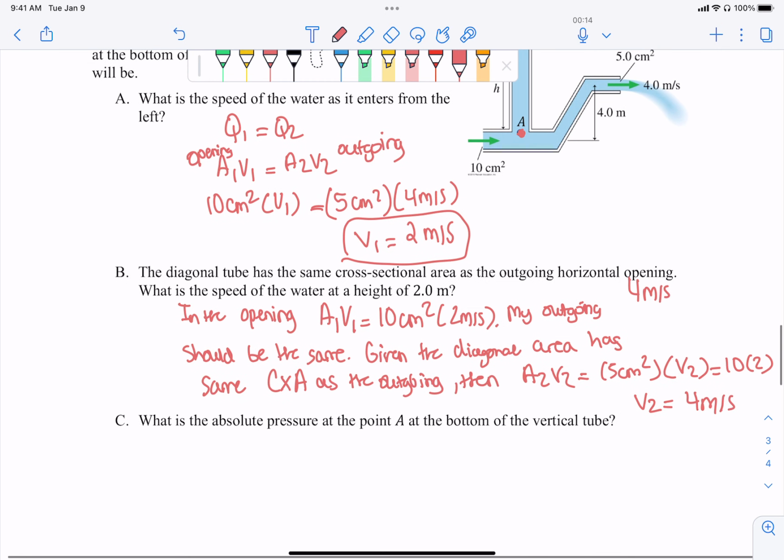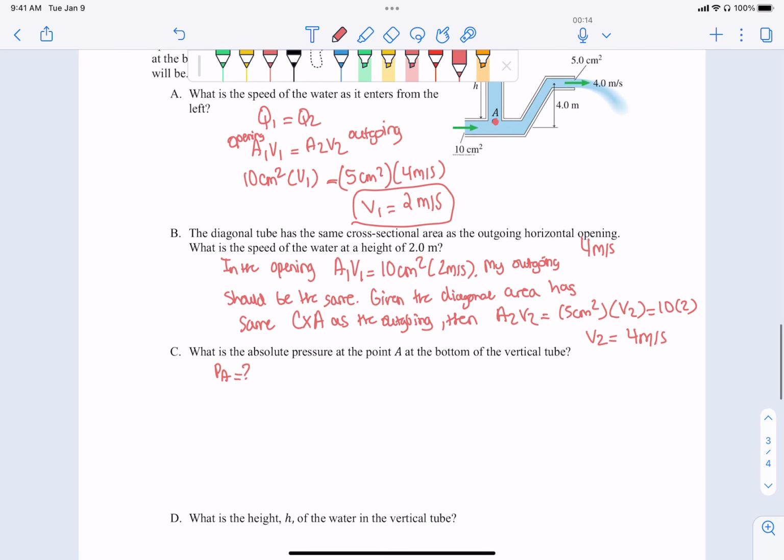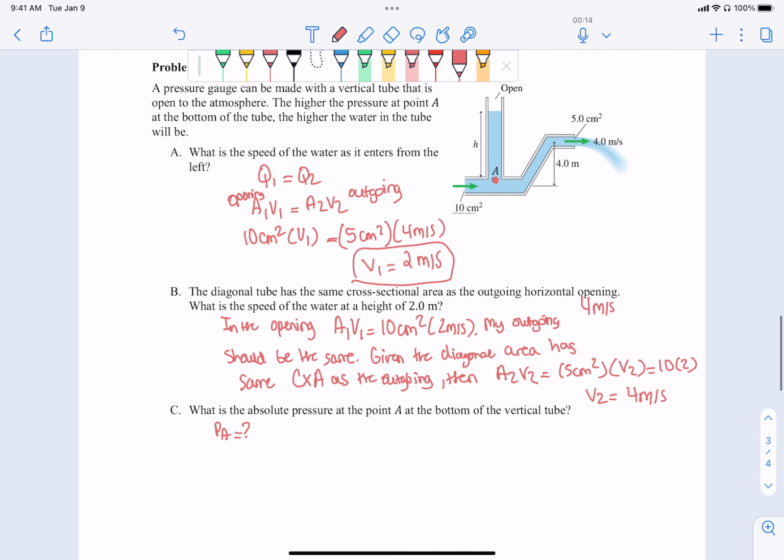So we're looking for PA. PA is unknown, but do we know any other pressure values?